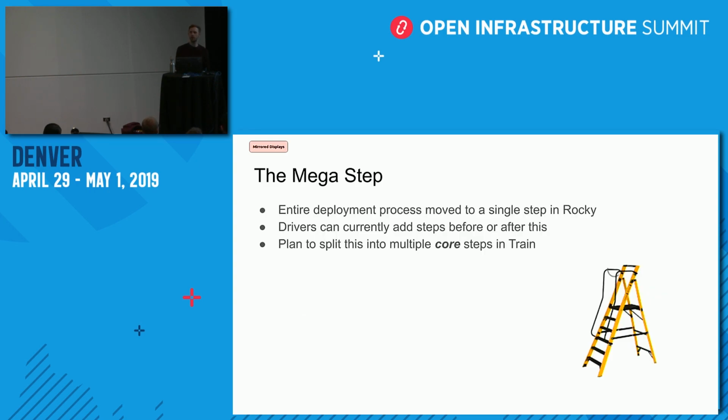In the Rocky release, we have 1 mega step. And essentially what we did was take the entire existing deployment process and put it in 1 big step. So all you can do is add steps before or after this mega step. We'd like to split that mega step into multiple core steps that you can then place other steps in between.